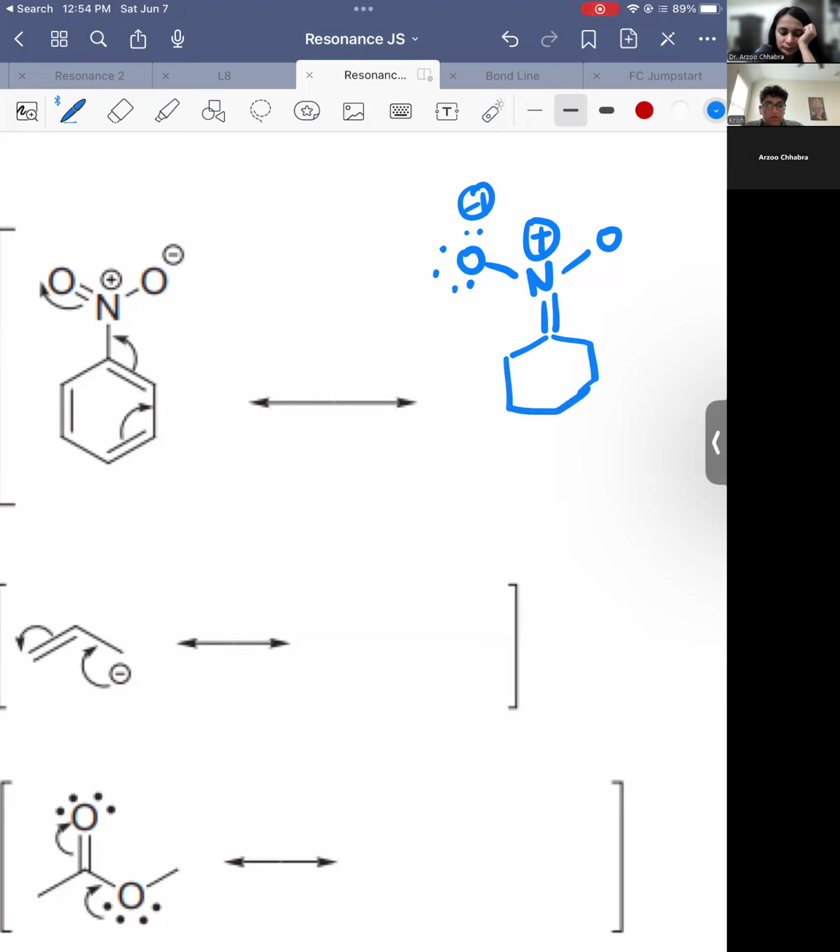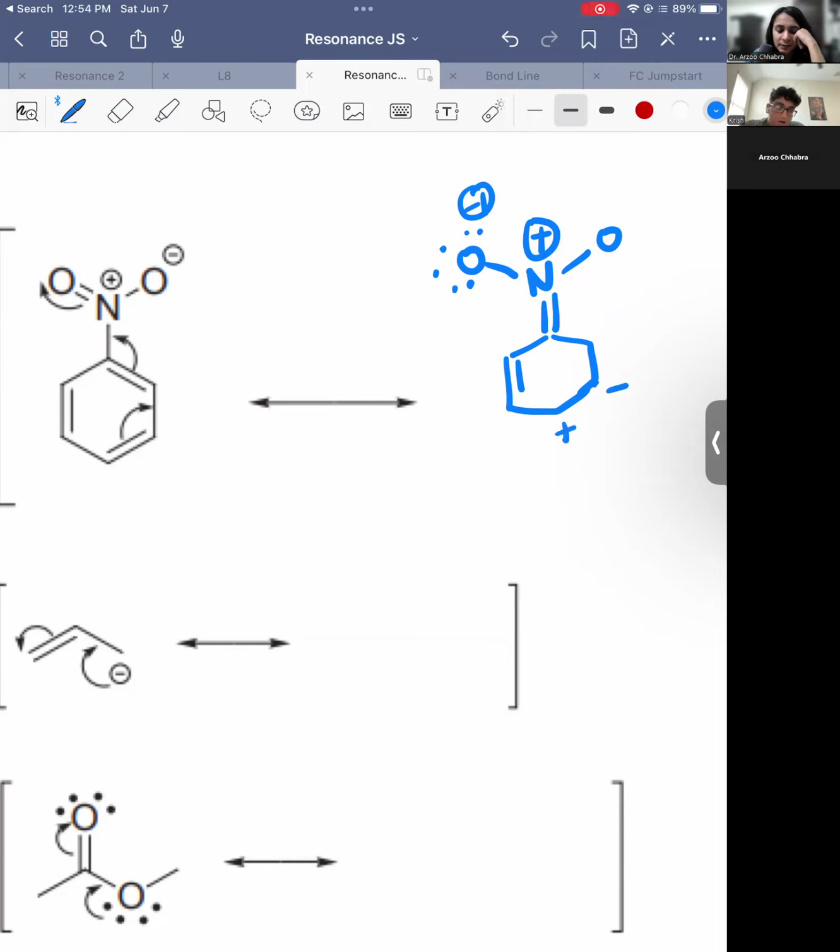Okay, and then let's go to the cyclic structure. One of the double bonds is still there on the left side, and now we just moved one double bond to there. So basically, when the double bond moves, it's going to form a negative charge on the right side, and on the bottom side it's going to leave a positive charge because we lost the bond. Okay, so you're saying a negative here, a positive here?